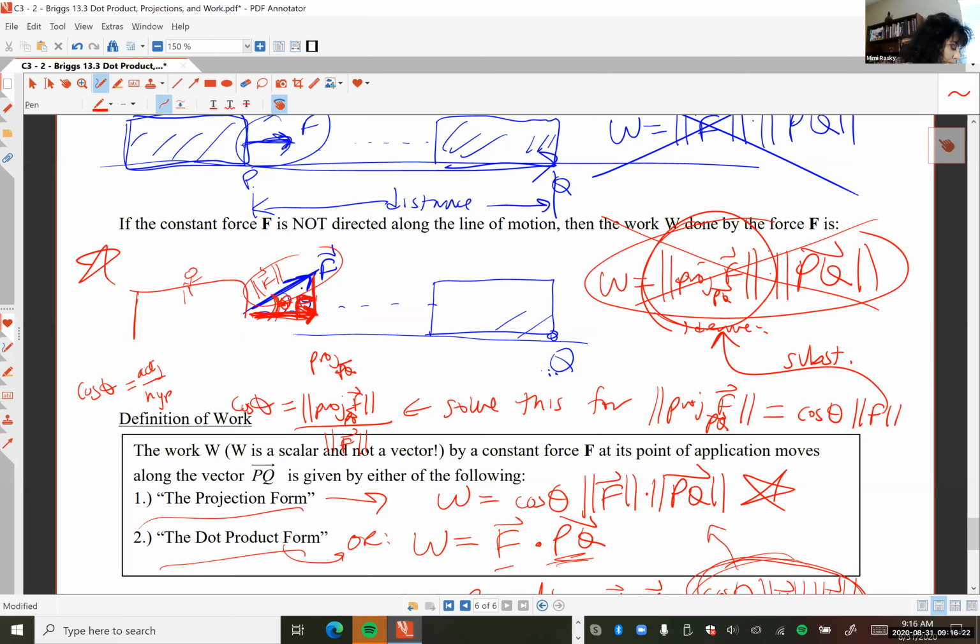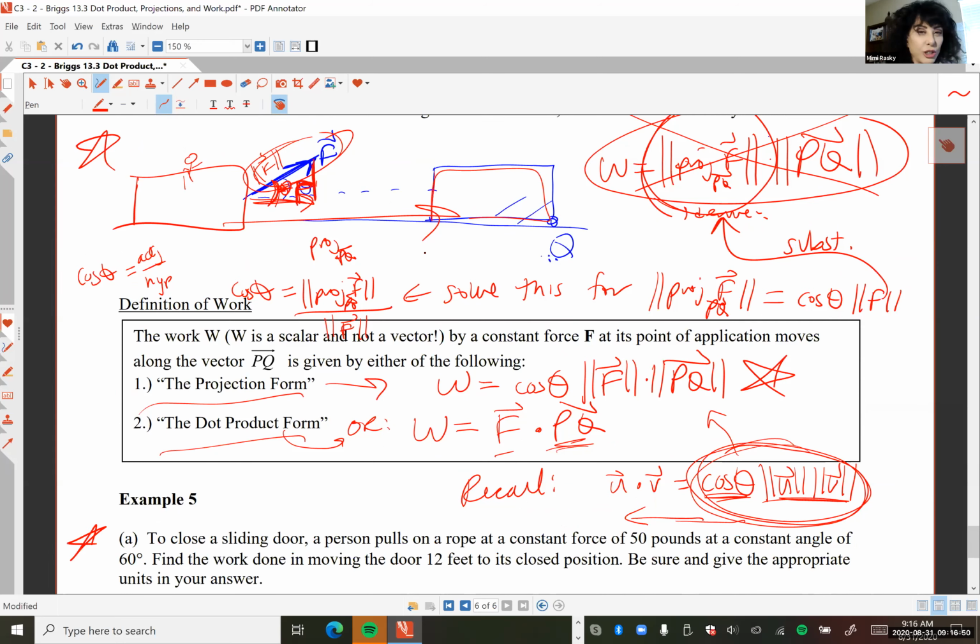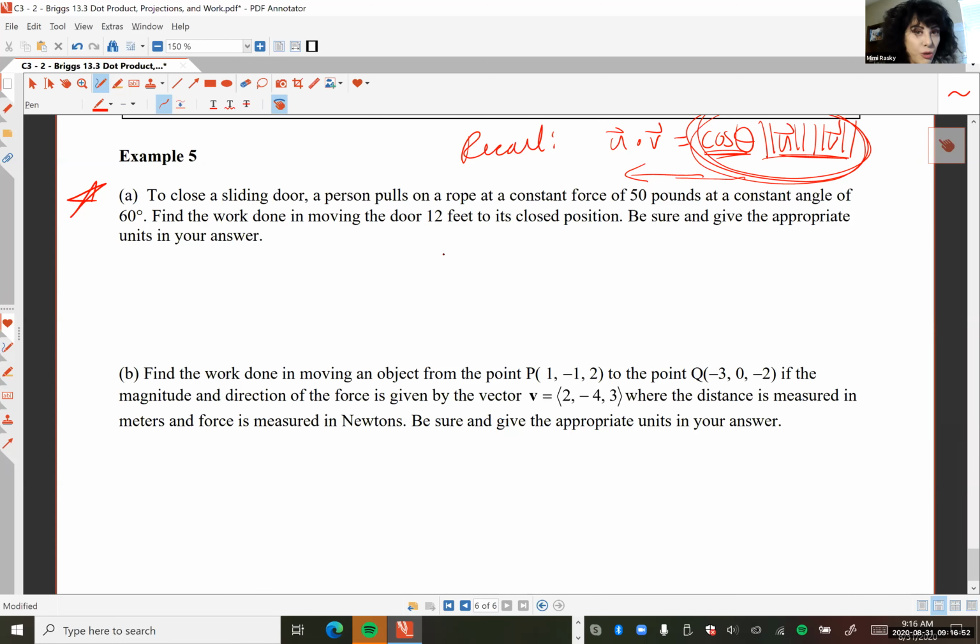If you're pulling at an angle to the box car, it will move along the rails, but only the portion of your force vector that's pointing in the direction of the rail is going to contribute to help the little box car move along the tracks. Does that make sense? So that's the idea of projection. It's like the part that's contributing in the direction that you are moving.